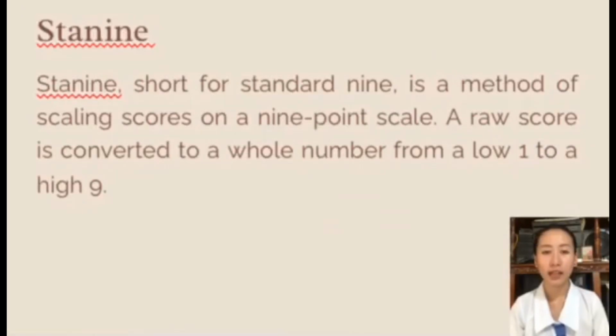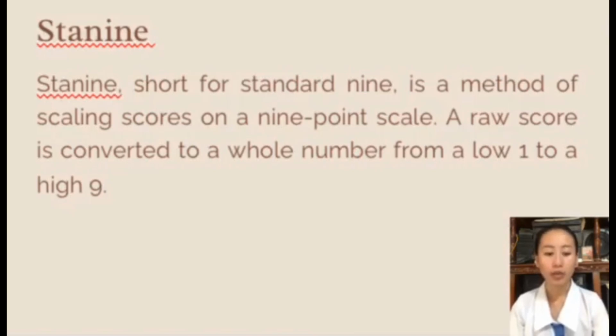What is stanine? Stanine is short for standard nine. It is a method of scaling scores on a 9-point scale. A raw score is converted to a whole number from a low of 1 to a mean of 5 and a high of 9. Stanine scores are standardized scores on each dimension for each type.